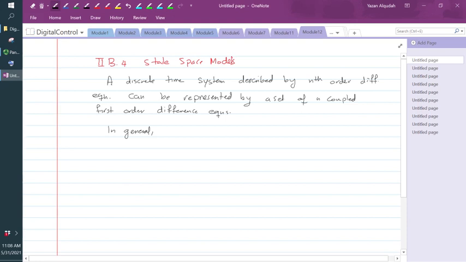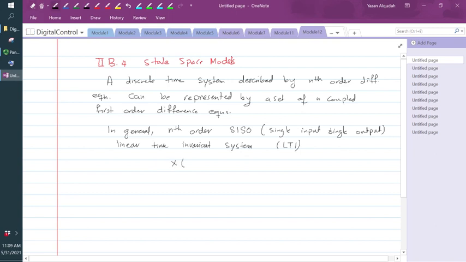by the following. So in general, for an nth order single input, single output, and also this is linear time invariant system, we can represent it by the following.